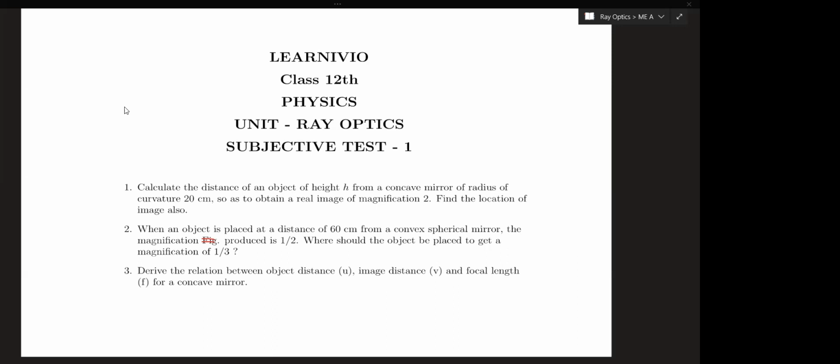Okay, Zen, but submit it as soon as possible. And if you have completed the paper, then you can leave the meeting.